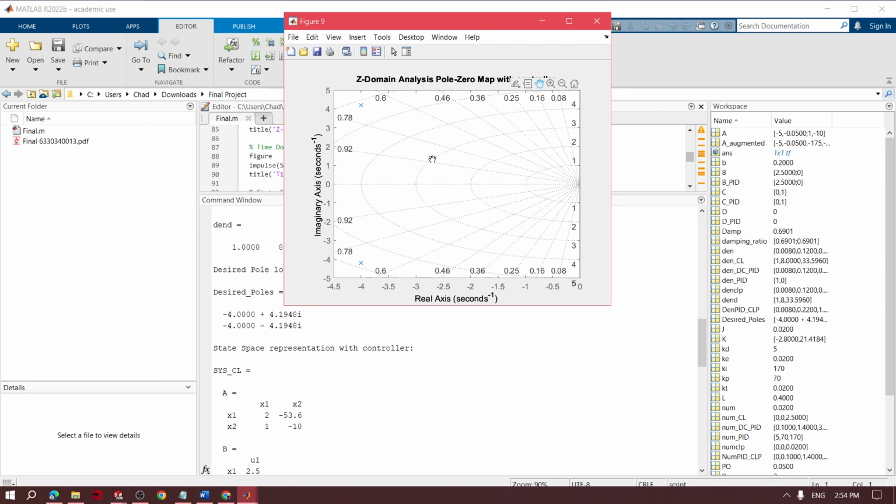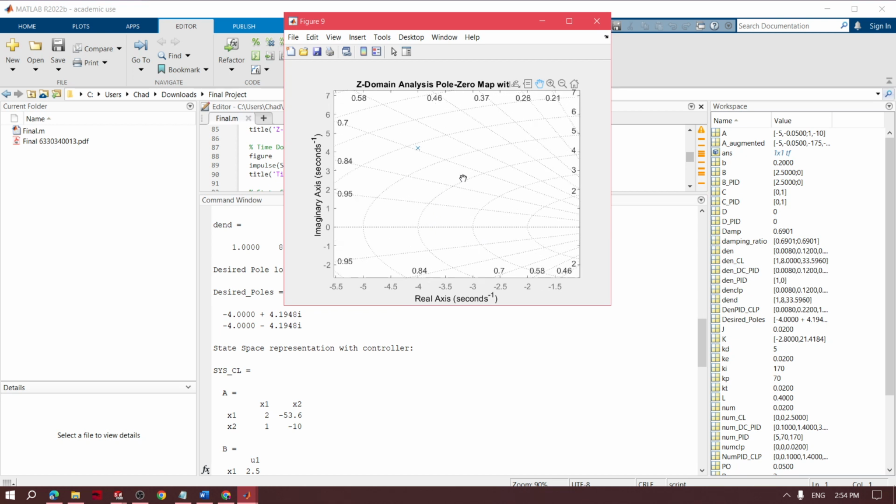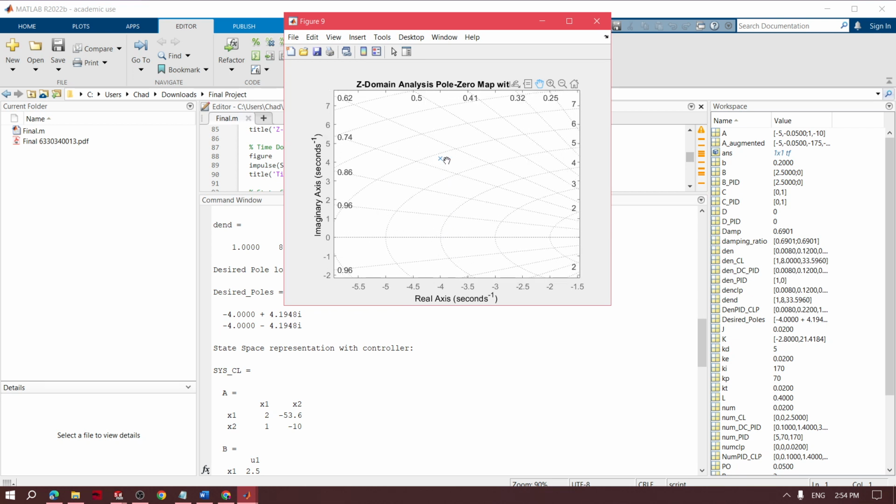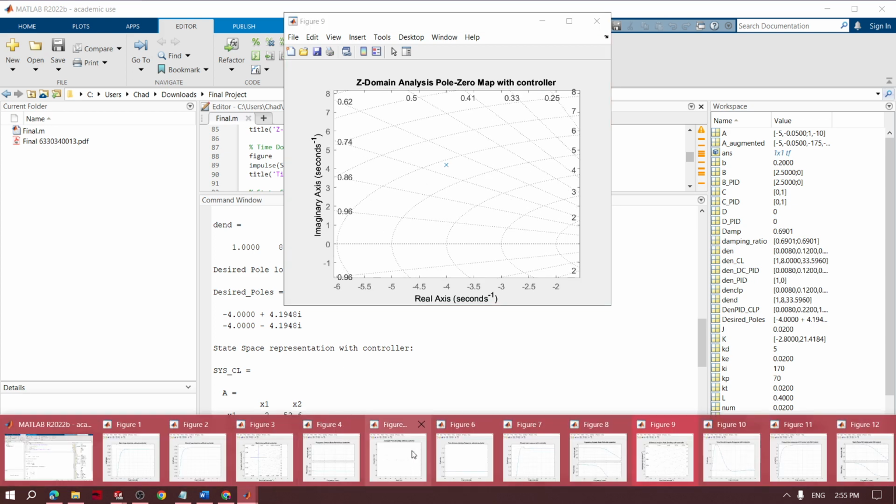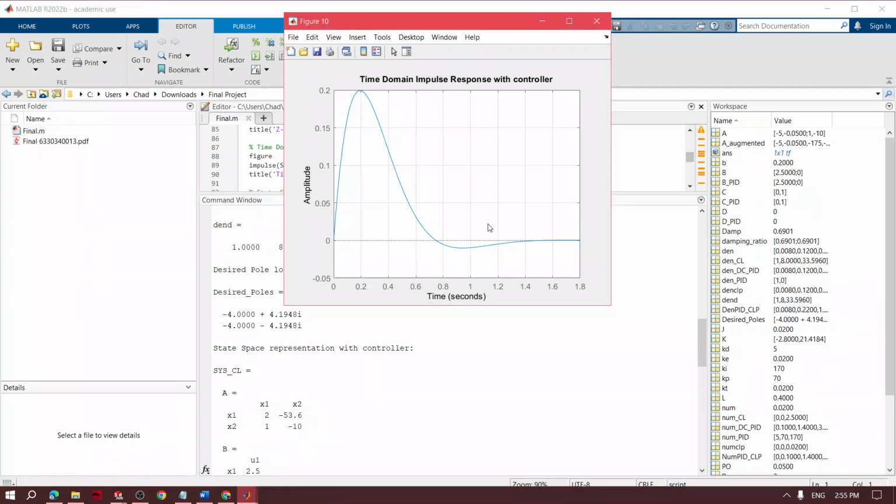As you can see, it's small, but I will move it here. It has an x, and the real axis is like -4, and the imaginary axis is 0.8, or 0.7 something, I don't know. For the next one, figure 10, time domain.